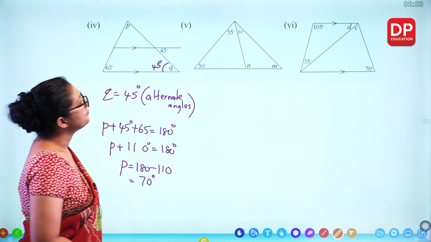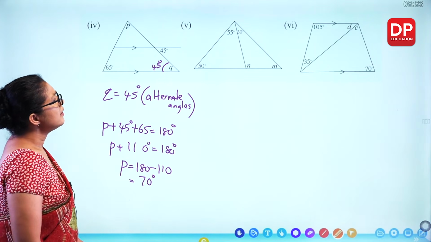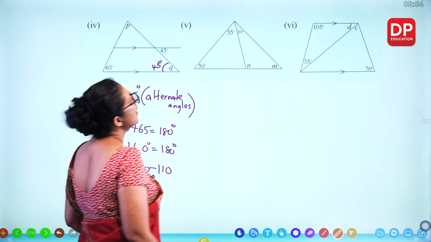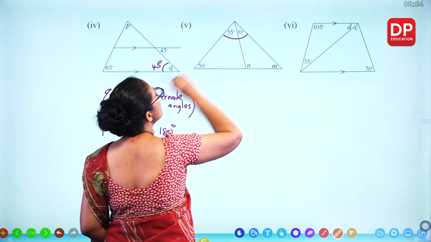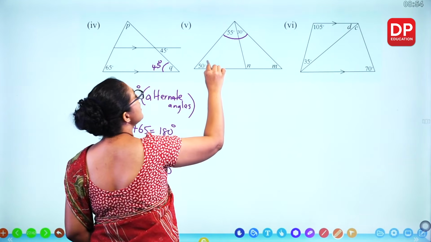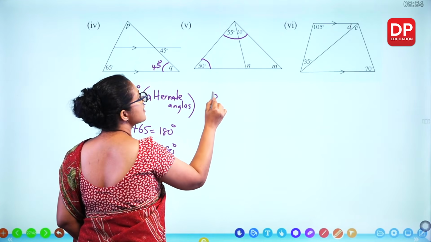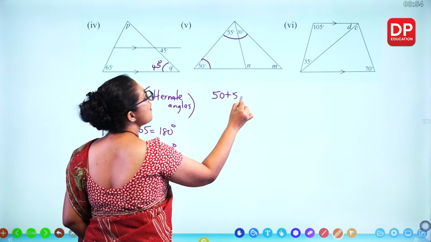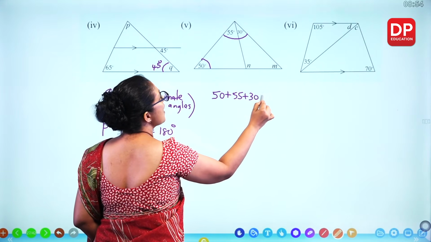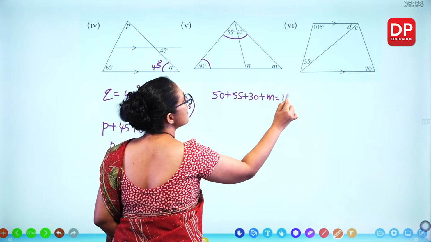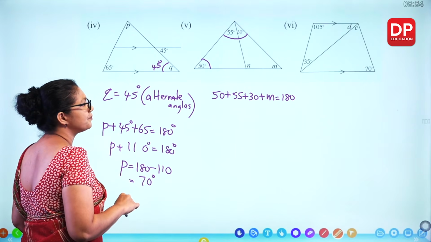Look at this one. Here, I can find out M. So this is the big angle, this one, and this is 50. When you look at the big triangle, I can write 50 plus 55 plus 30 plus M equals 180.